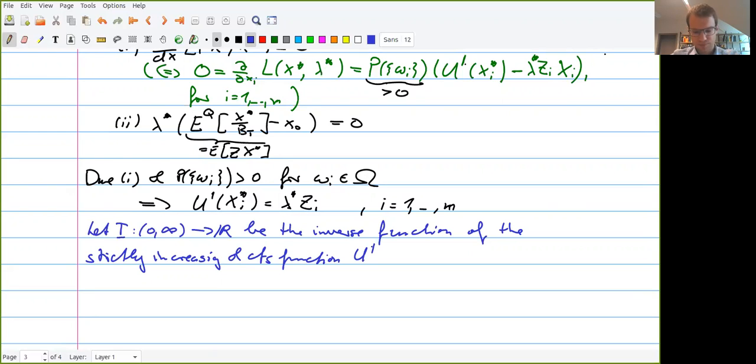Right, so by our assumption here, the derivative of our utility function is strictly decreasing. Sorry, we have a concave function, so it has to be decreasing. And by our regularity assumption, where it was continuously differentiable, the derivative is also continuous, right? This was just assumed.